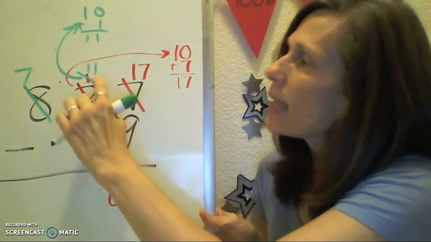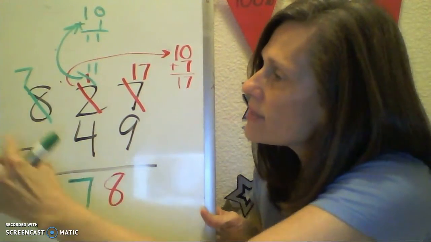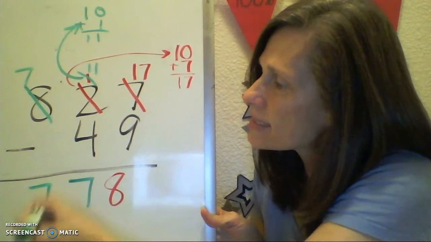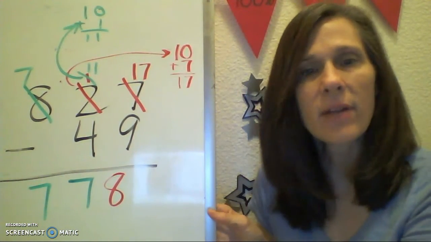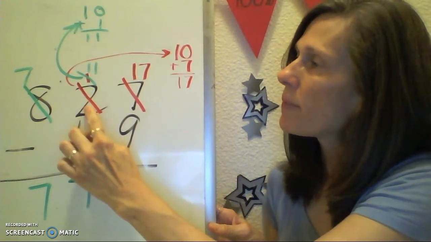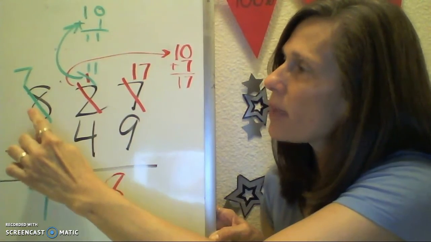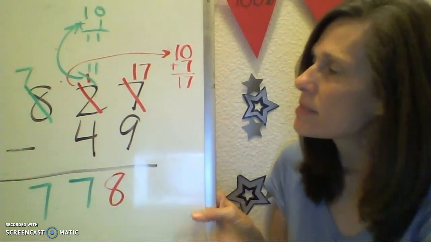So now 11 take away 4 equals 7, and 7 take away nothing equals 7. Okay, so final answer, 778. Okay, so here again, we're regrouping from the tens to the ones, and then we're taking that number and regrouping from the hundreds back to the tens.